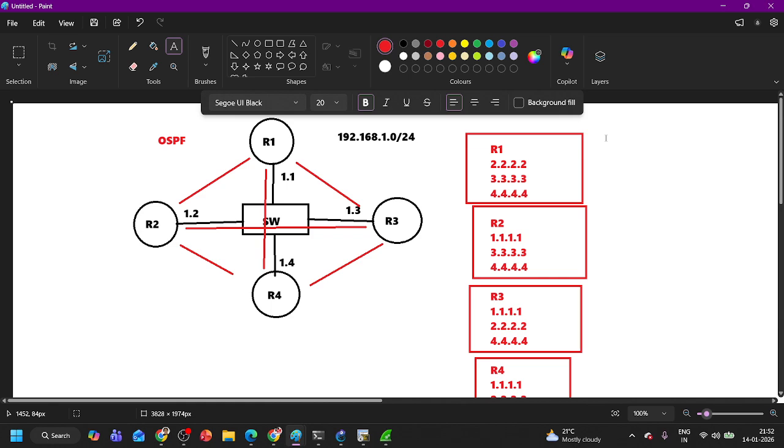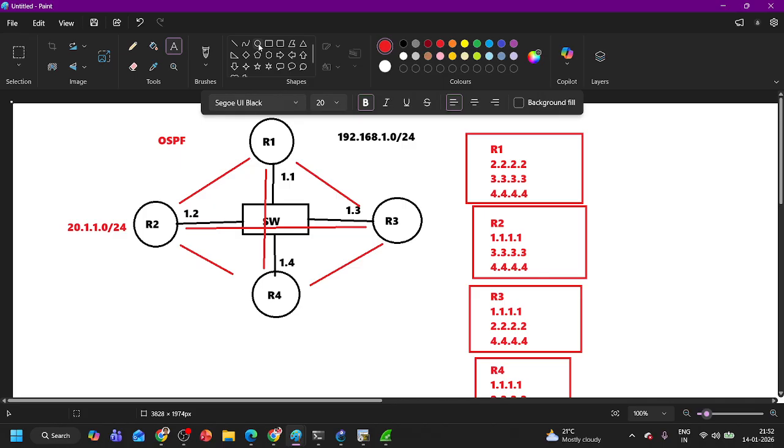Okay, Praful, what is the issue if we have lots of adjacencies? See, if any prefix comes up on router number 2, let's say 20.1.1.0/24, what will happen?